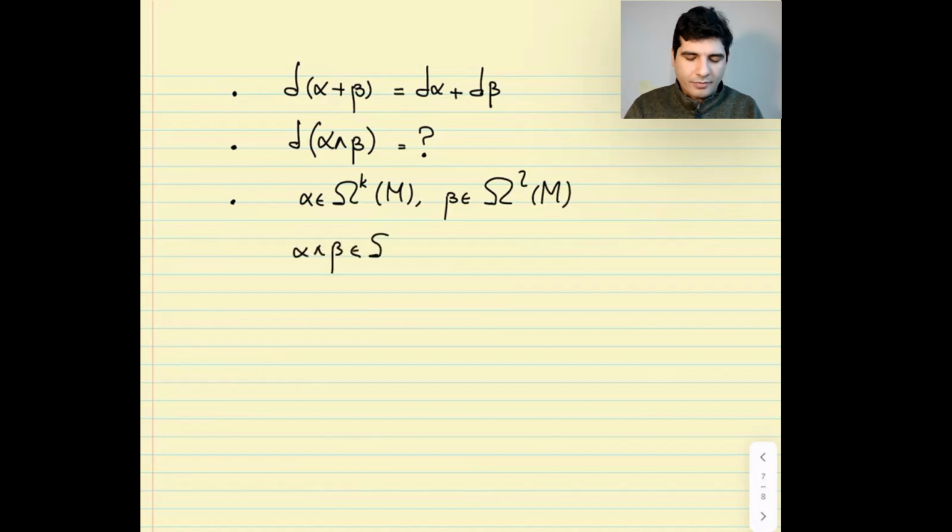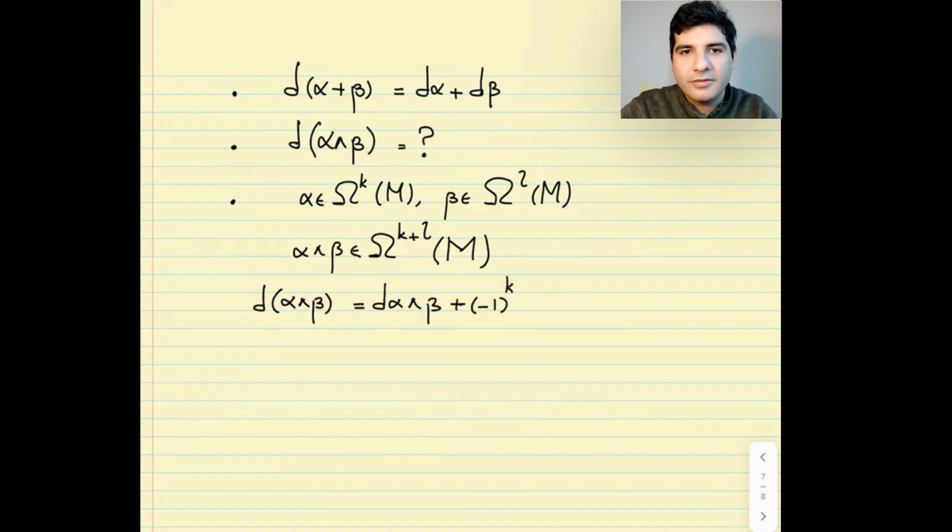Why is that? For vector spaces, we define the wedge product of forms. Now here we can do the same. We can do it at each point. We have two linear forms on the tangent space. We can look at the wedge product and extend it all over the manifold. So the product rule we use is that d of alpha wedge beta would be d alpha wedge beta plus minus 1 to the k, where k is the degree of alpha, times alpha wedge d beta.